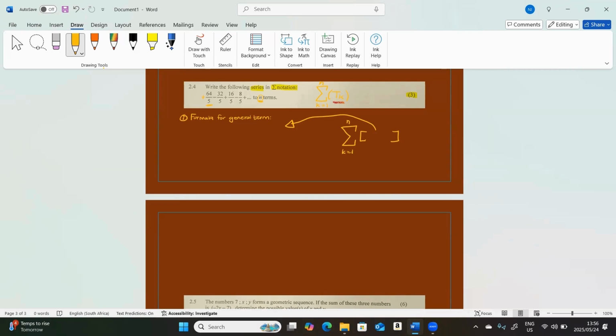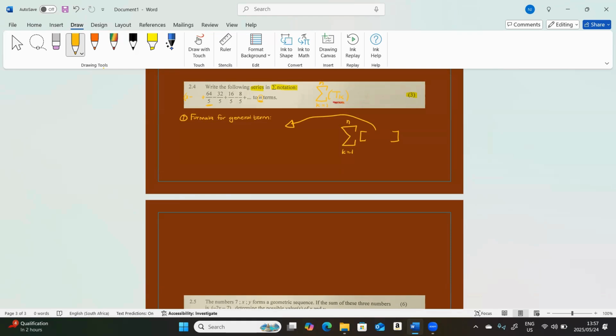Because when you multiply with a negative number, then you know that your sign is going to change the whole time. So we know that we are definitely multiplying with a negative. Now we have to find out what negative we are multiplying with to get to the next term.